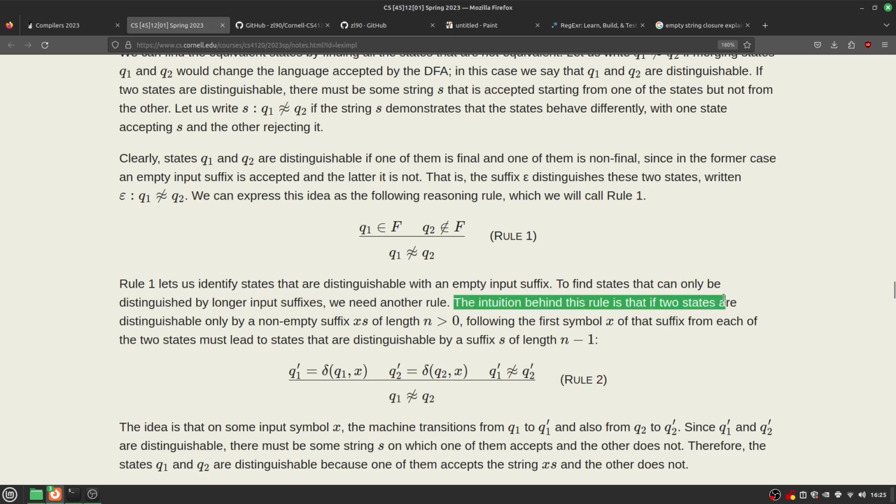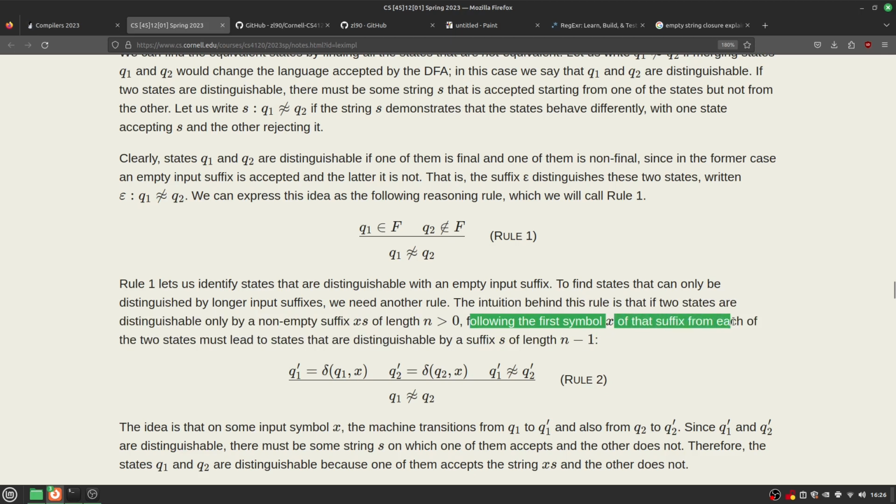The intuition behind this rule is that if two states are distinguishable only by a non-empty suffix of length n greater than 0, following the first symbol x of that suffix from each of the two states must lead to states that are distinguishable by a suffix s of length n minus 1.